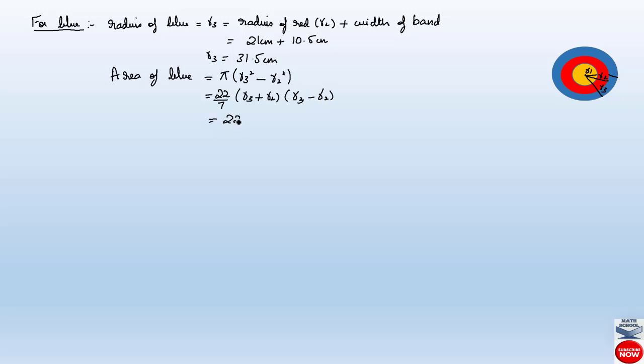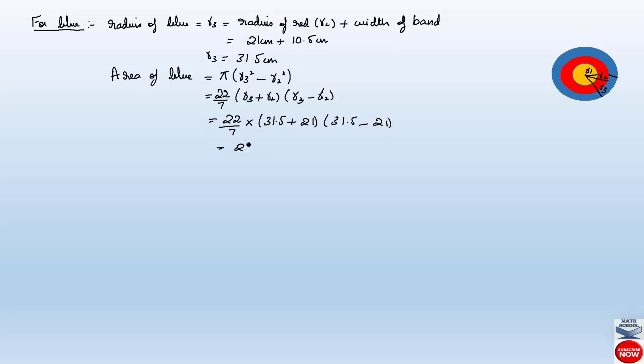So this will be 22 divided by 7 into, R3 value is 31.5 and R2 value is 21, 31.5 plus 21 into 31.5 minus 21.